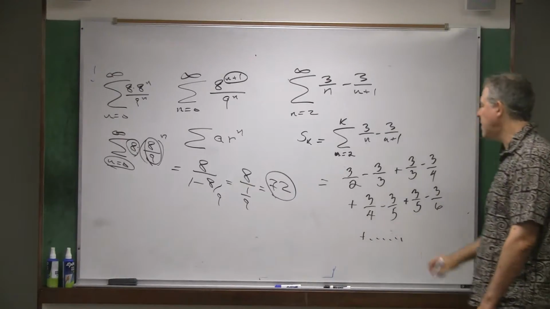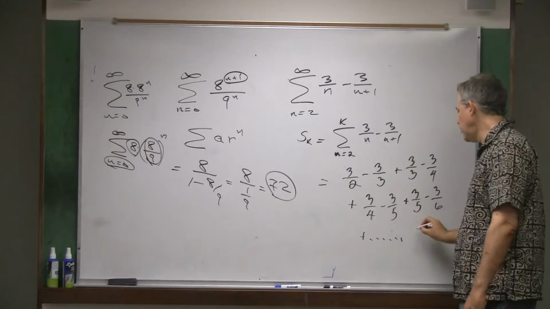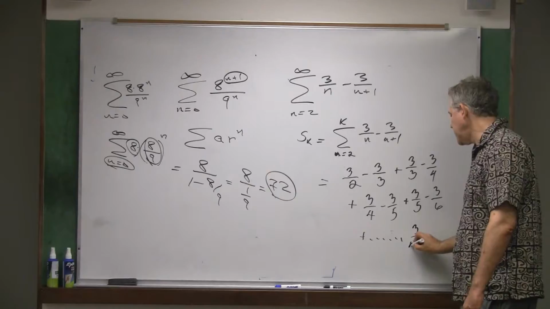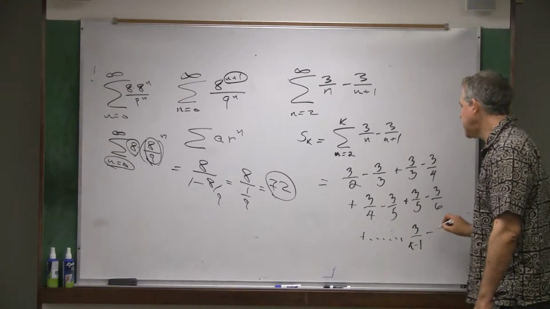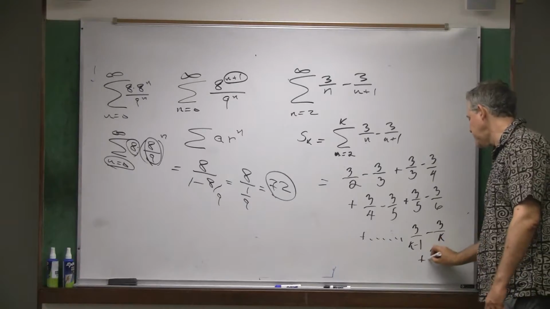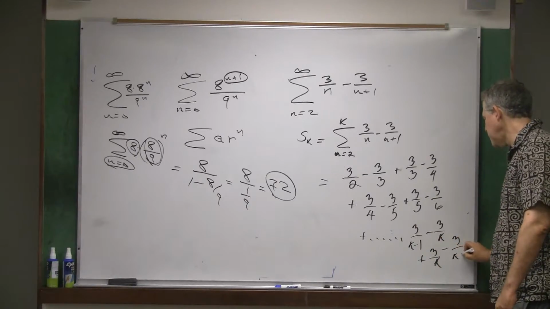And then we finally get to 3 over k minus 1 minus 3 over k, and the last one we get is plus 3 over k minus 3 over k plus 1.